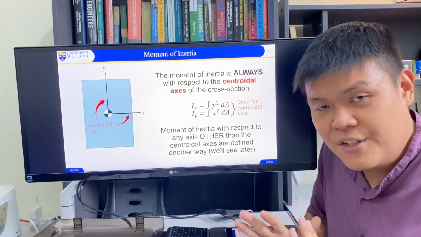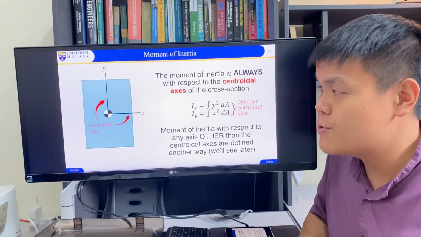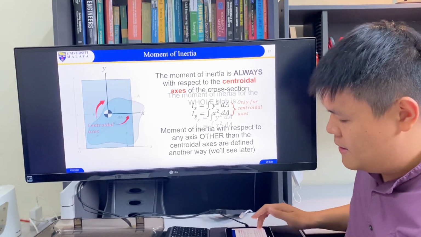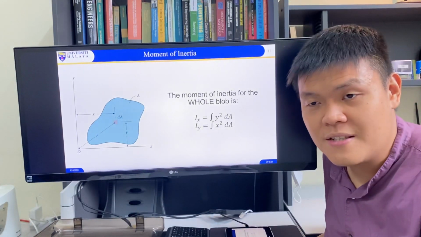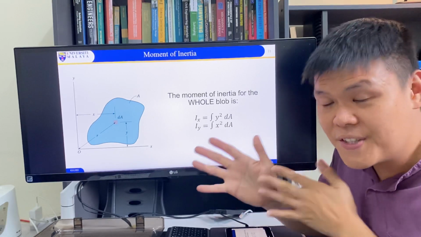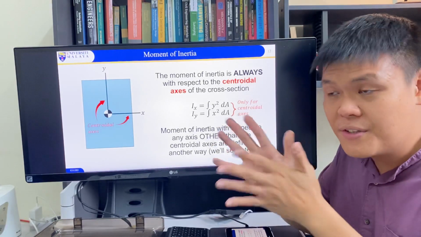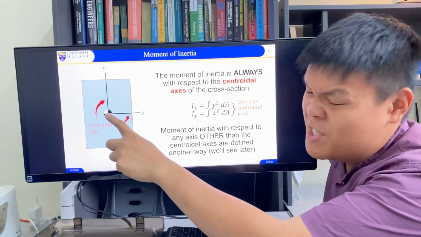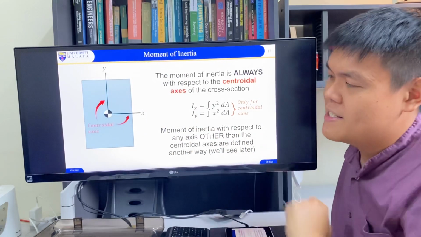So the moment of inertia is always with respect to the centroidal axis of the cross section. Now what does that mean? In this case, it's y squared with respect to this axis, but this is just for your theoretical understanding. When we go into the real nuts and bolts of it, it's always with respect to the centroidal axis, which means this is the centroid, so this will be the x-axis and this will be the y-axis.